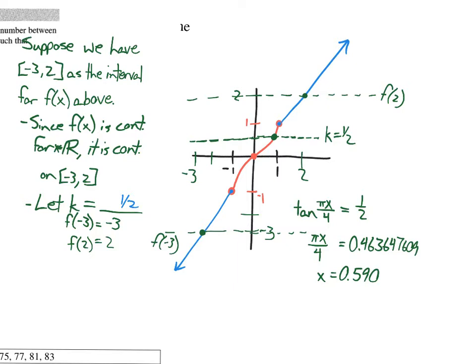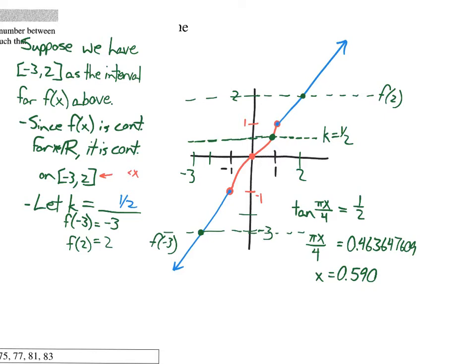When you say -3, 2, suppose we have -3, 2 as the interval, do you refer to the y or the x? Those are the x values. So why is the interval for f(x) instead of x? No, this interval right here is saying that x is between -3 and +2. Those are x's.